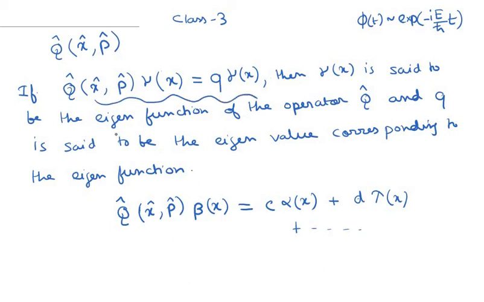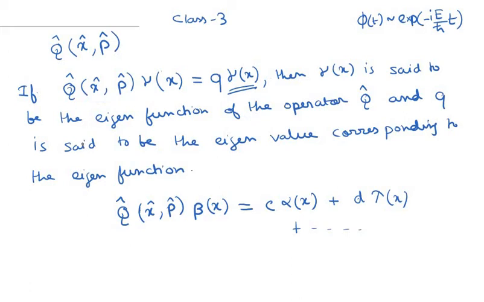So for this form to be valid, the operator q should act on its corresponding eigenfunctions. If q acts on any arbitrary function, then this equation would not come, or we would not get a number multiplied by that function itself. That is happening here: q is acting on this function and producing this number q multiplied by the function itself, because this gamma is basically an eigenfunction of this operator q.